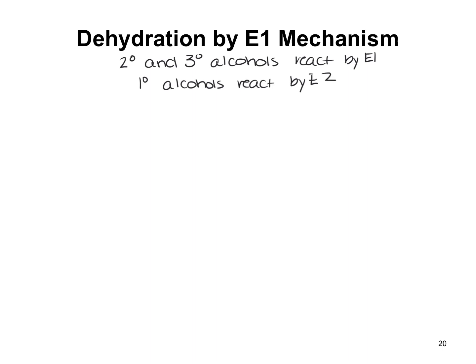So I want us to look at that E1 mechanism with an example using an alcohol. So let's say we have an alcohol here, and we need to turn the OH into a really good leaving group.